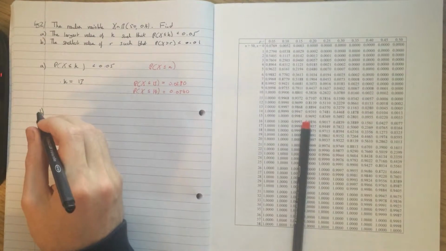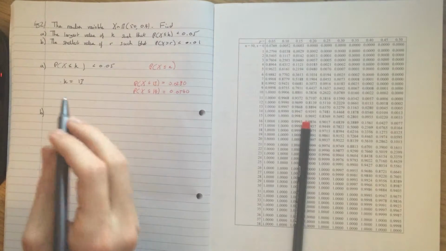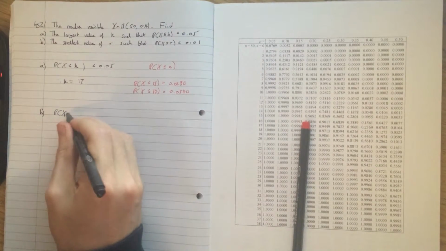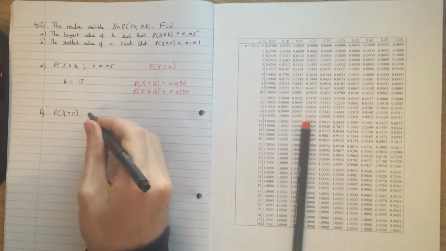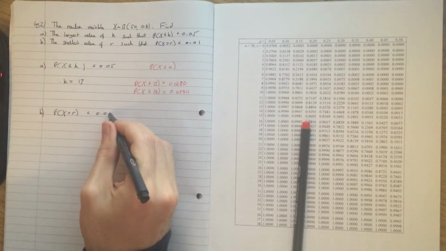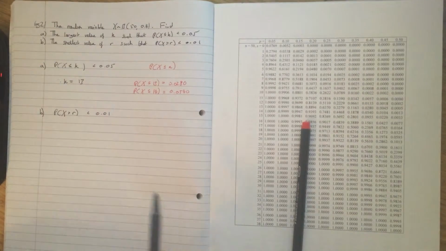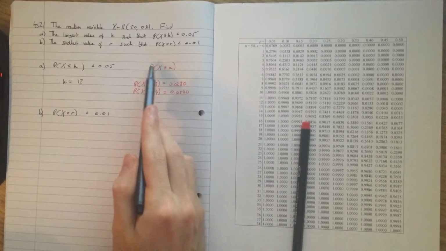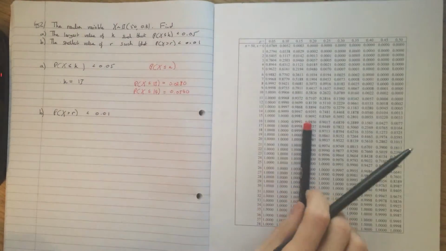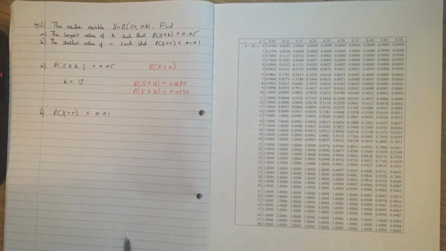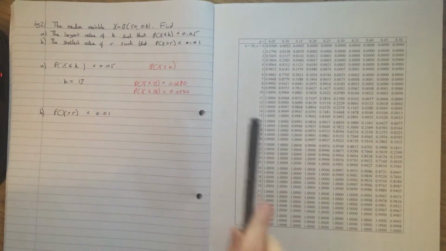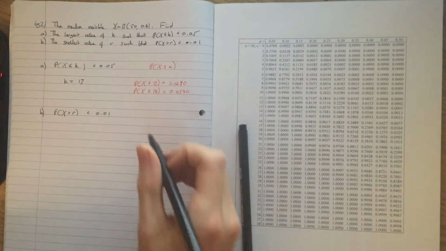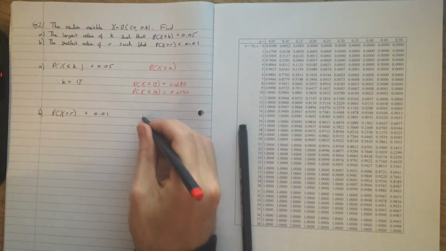So for part B now, we want to work out the value of r such that the probability of x being greater than r is less than 0.01. Remember, we want to get the question in this format in order to use our tables to solve. Before I show you how to solve this, a quick bit of background knowledge.